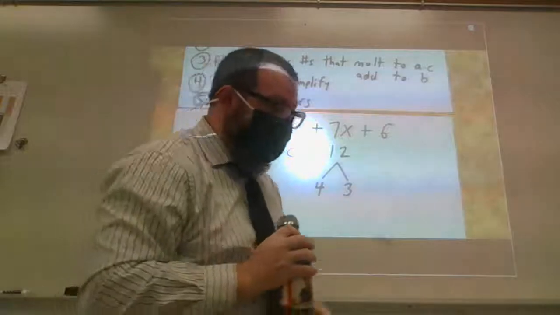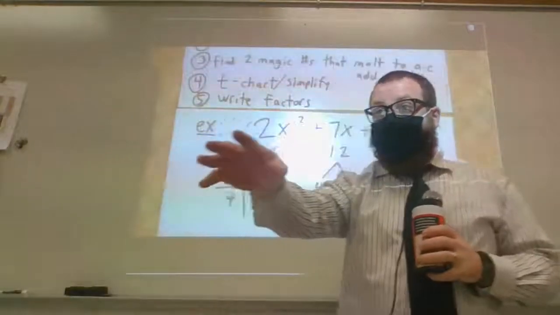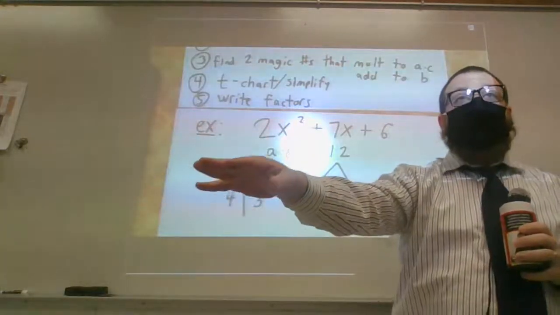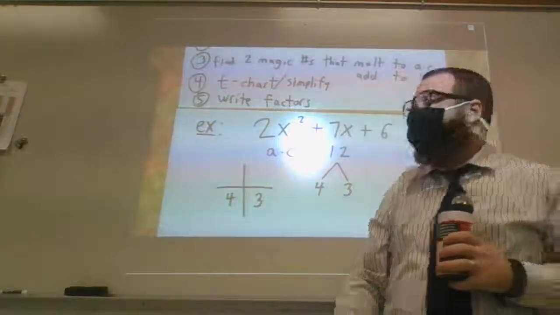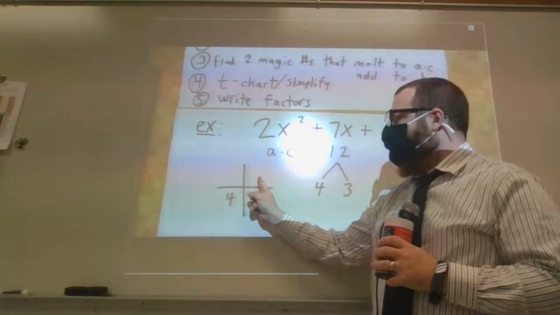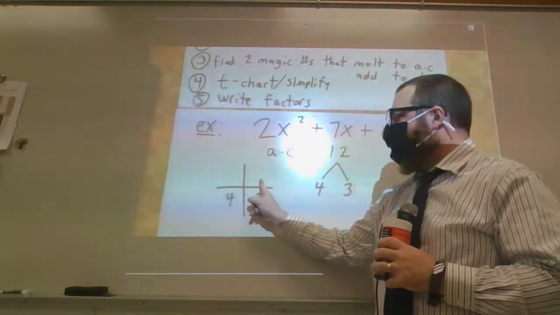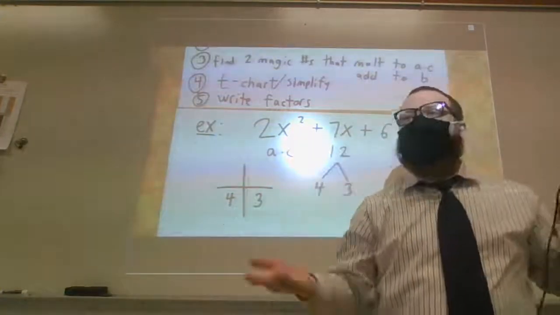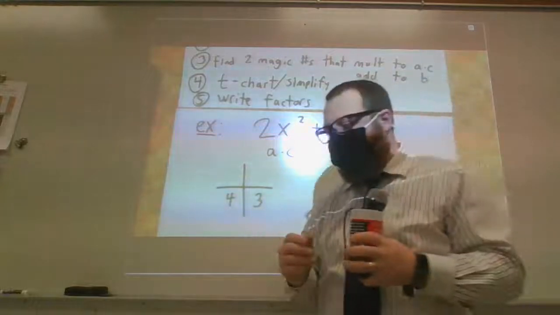Yay. But remember before I asked you about the order, about 4 and 3? That doesn't matter, 4 and 3. But here, is it a 2x and a 1x, or is it a 1x and a 2x? I don't know. I have no idea.